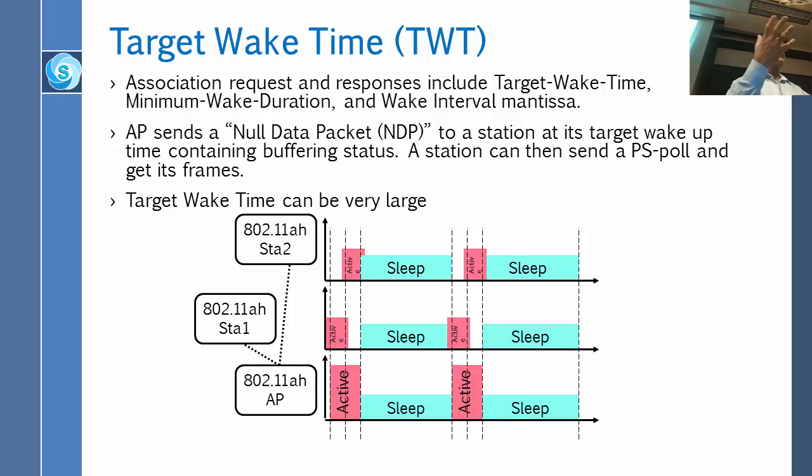When the access point comes up every hour, it says, oh yeah, this guy had said he will wake up in 24 hours. Time for him to wake up. So then it will send out the beacon, and then they will become active. So these active times could be rare and could be somewhat consolidated around the target wake up time.